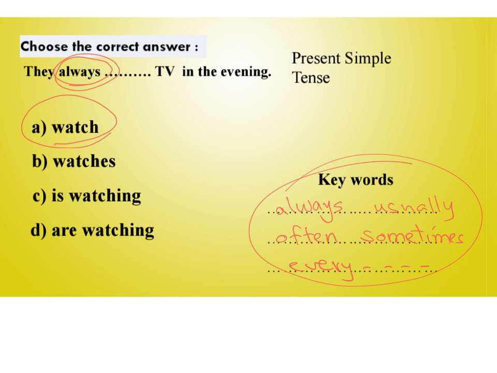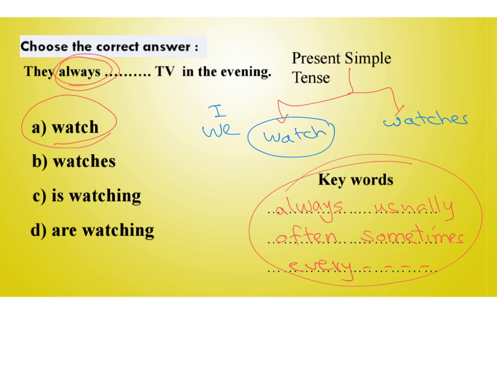And how do we form a sentence in the present simple tense? We have two forms, watch and watches. When do we use the base form of the verb? Yes, excellent. I, we, you, and they. And when do we use watches?